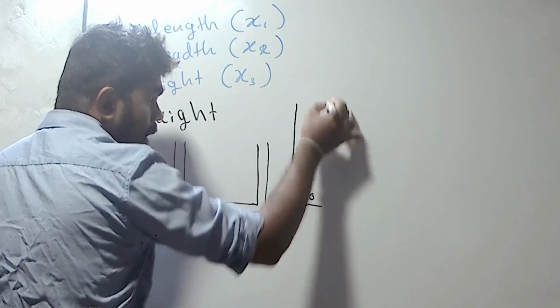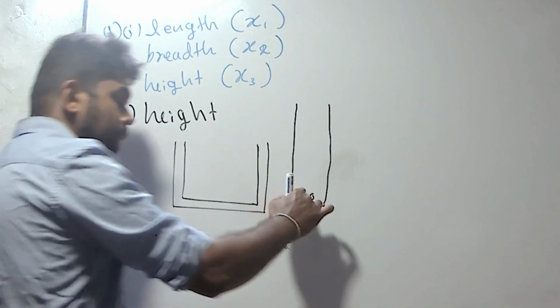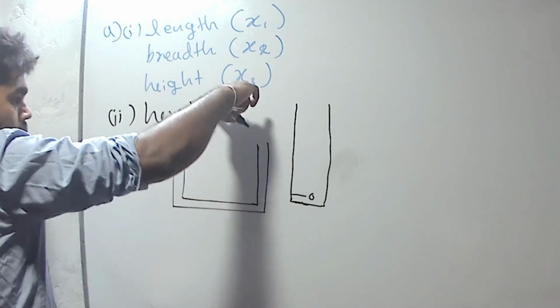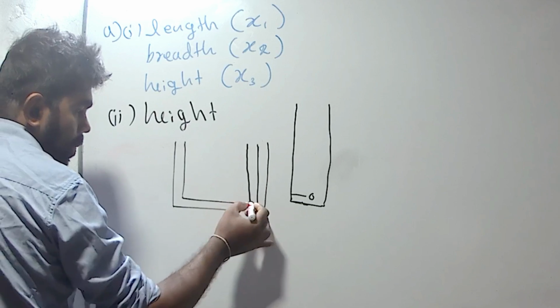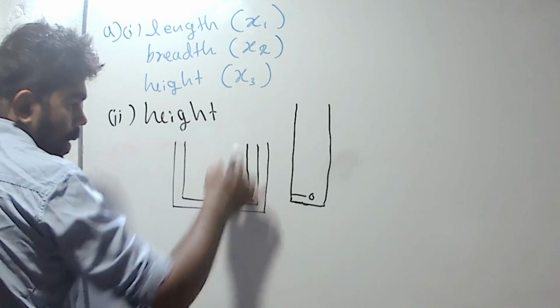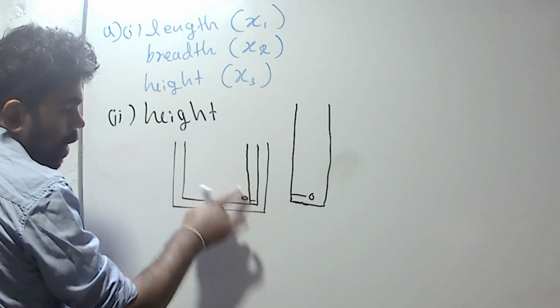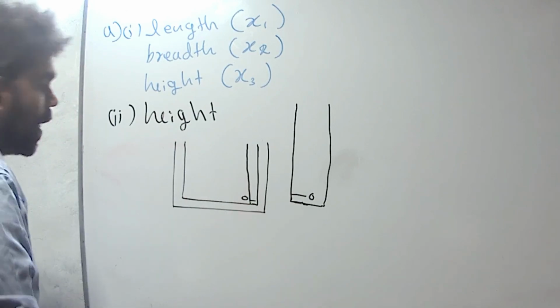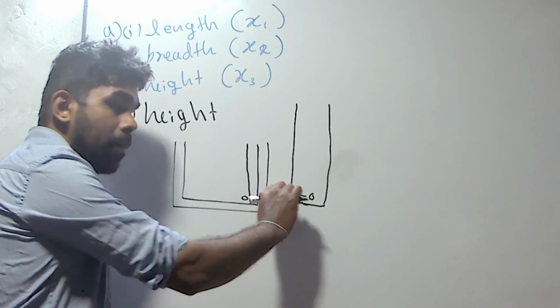The 0 mark is like this. Therefore, when measuring inner height, we have to place the ruler inside the container, and we can't coincide 0 with the bottom surface of the container because of this gap.